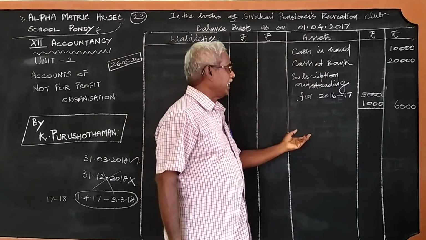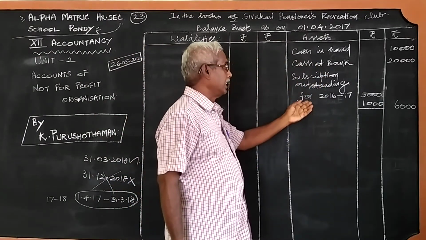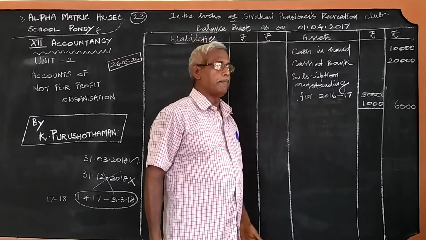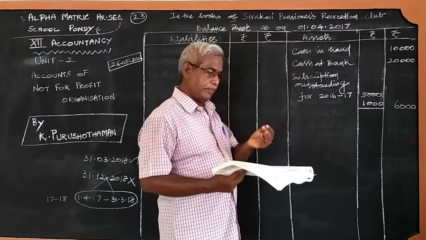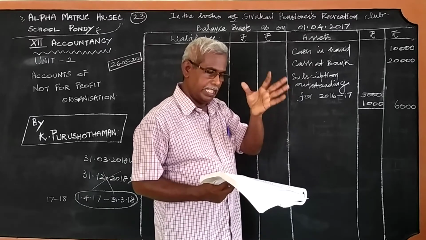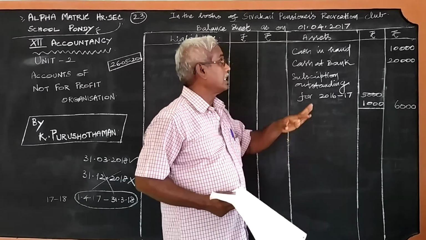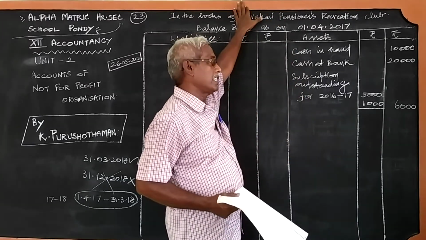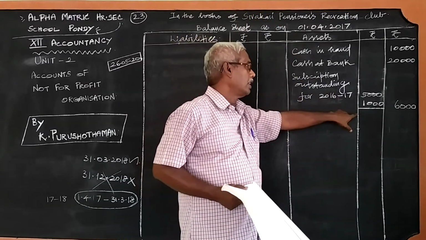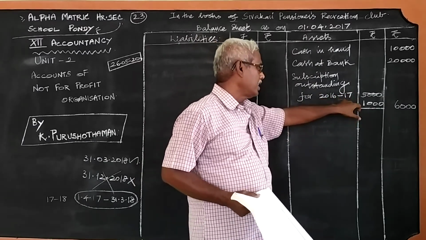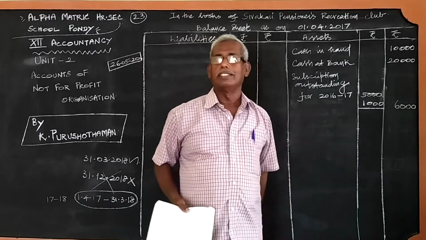The outstanding income will appear on the asset side, and therefore I have written 5,000 there. And in additional information, it is clearly given subscription due but not received for the same previous year is 1,000 more. Therefore, the total outstanding subscription is 6,000.